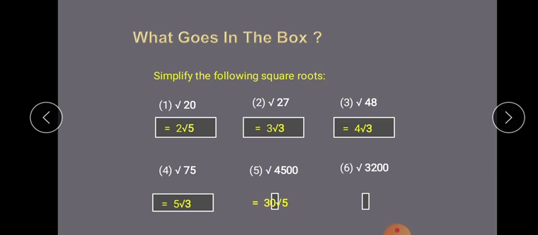Then 45. 45 is 9 into 5. So 9 is the perfect square. So of which number? 3. So 3 will come out. So the previous 10 and this new 3. So 10 times 3, 30 root 5. In the same manner, root 3200 will give us 40 root 2.